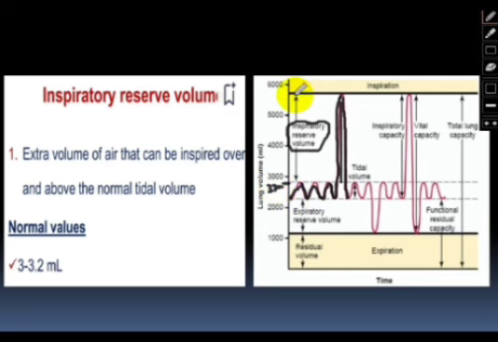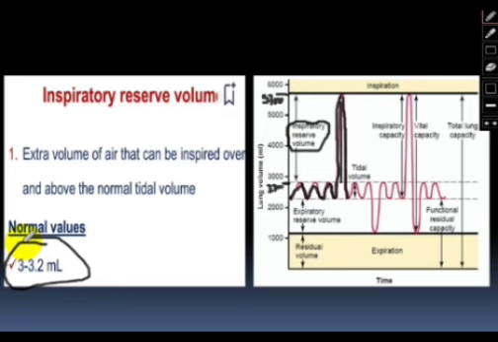And this point over here is what? 5,700. Alright? So mathematically, the inspiratory reserve volume will now be 5,700 mils minus 2,700 mils. What will it give you? 3,000.